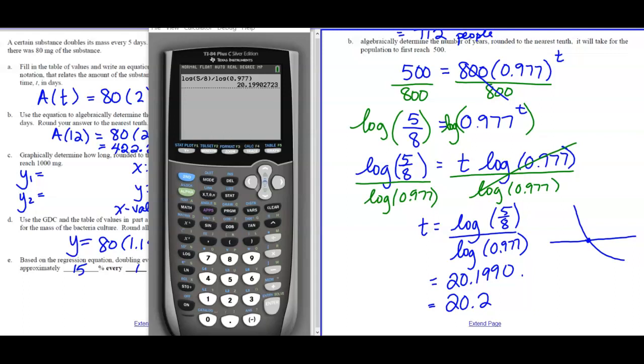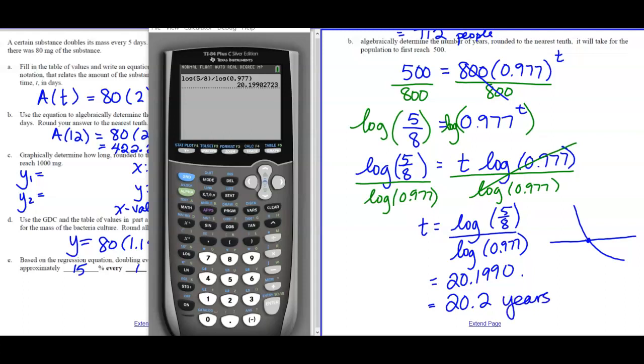If I said this was 20.11, I would round down, and then it wouldn't technically have made it there. In any case, doesn't matter because it works, and this would be years.